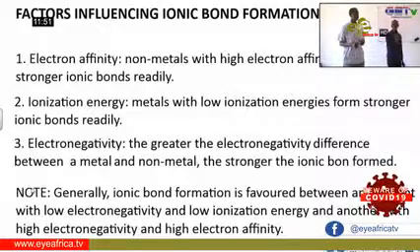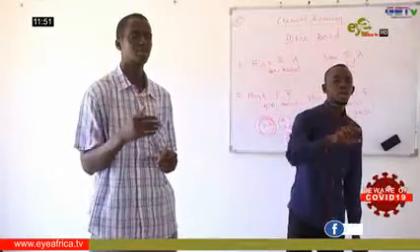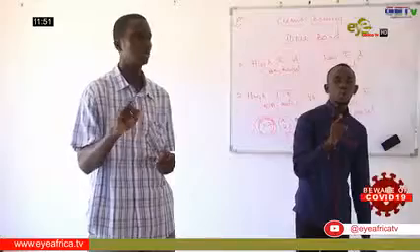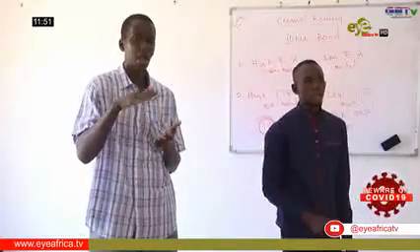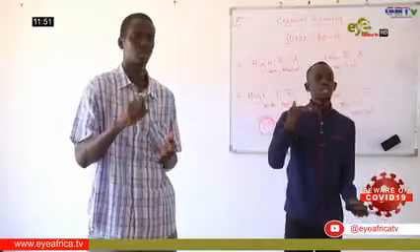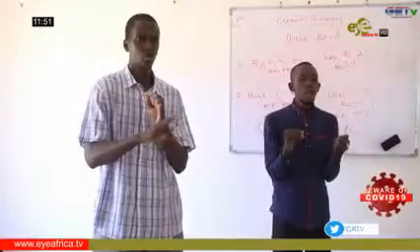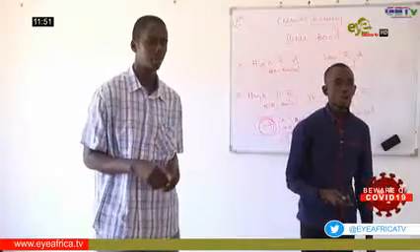You see this high is always associated with the non-metals, while the low is associated with the metal. So whenever a metal and a non-metal react, they tend to form a strong ionic compound.